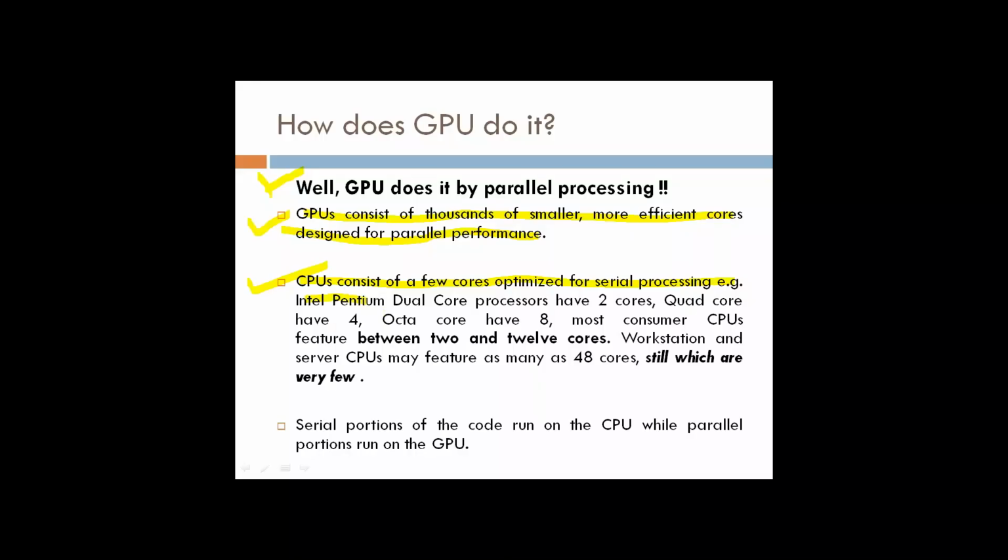For example, an Intel Pentium dual core has 2 cores, quad core has 4 cores, octa core 8 cores, and most consumer CPUs have between 2 to 12 cores, right? Workstation CPUs may feature as many as 48 cores, but still these are very few. So in GPU computing, the serial portion of the code will run on the CPU while the parallel portion will run on the GPU.